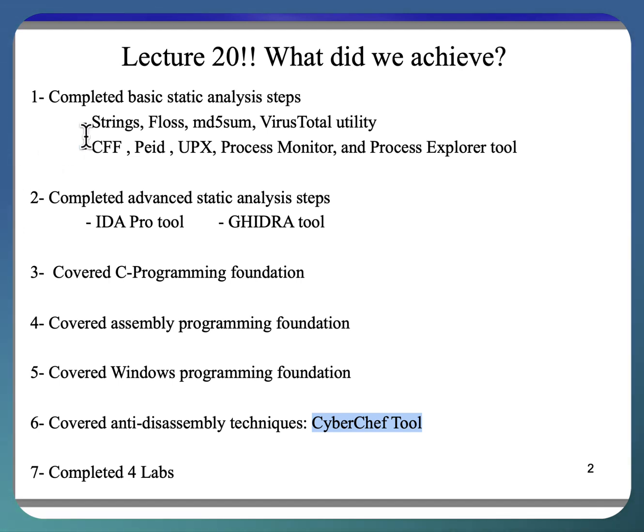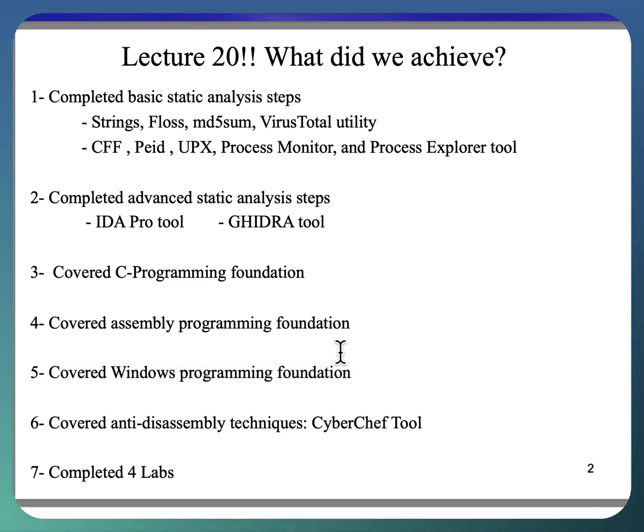So far, we completed all the basic static analysis. We looked at the advanced static analysis as well, by learning how to use disassembly tools such as IDA Pro and Ghidra. We talked about C programming, and we covered some assembly programming foundation and some Windows programming foundation.